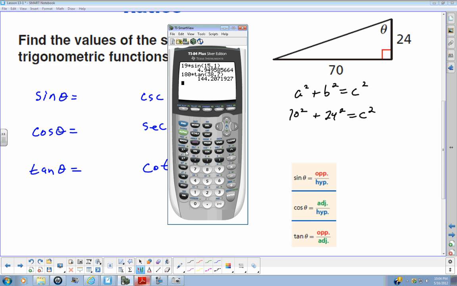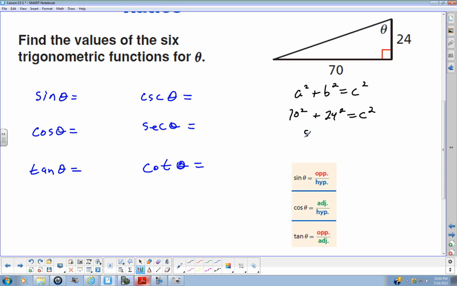So we'll take our calculator, and 70 squared plus 24 squared is equal to 5,476, and then we'll take the square root of that, and we get 74. So 5,476 equals c squared. So c, or the hypotenuse in this case, is 74. So we'll write that up here.